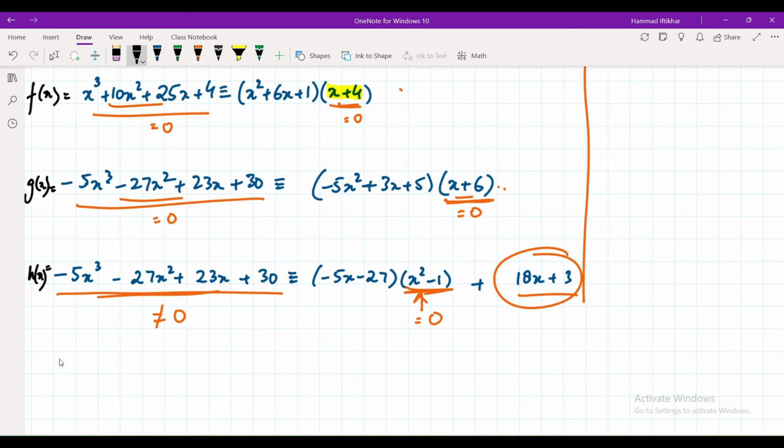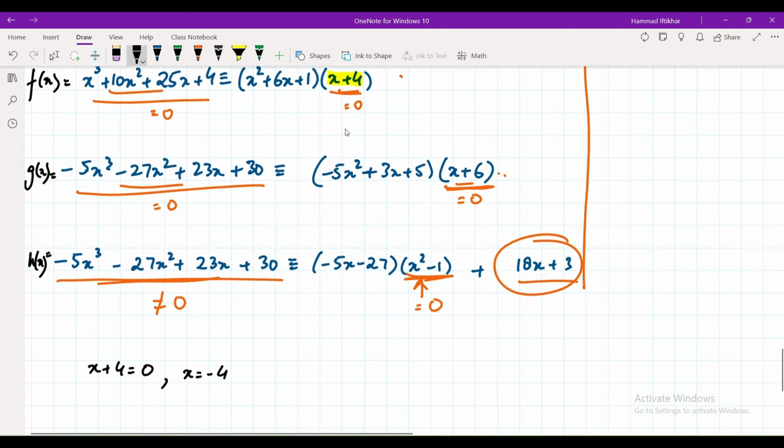Now, to make x plus 4 equal to 0, we put it equal to 0 and we get x is equal to minus 4. When we want to do it like this, we need to plug some value into the parameter of this function so that we can see what is left out.